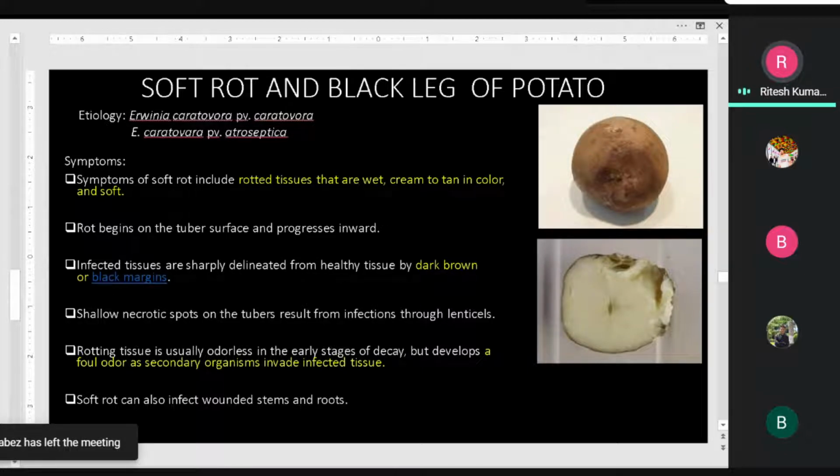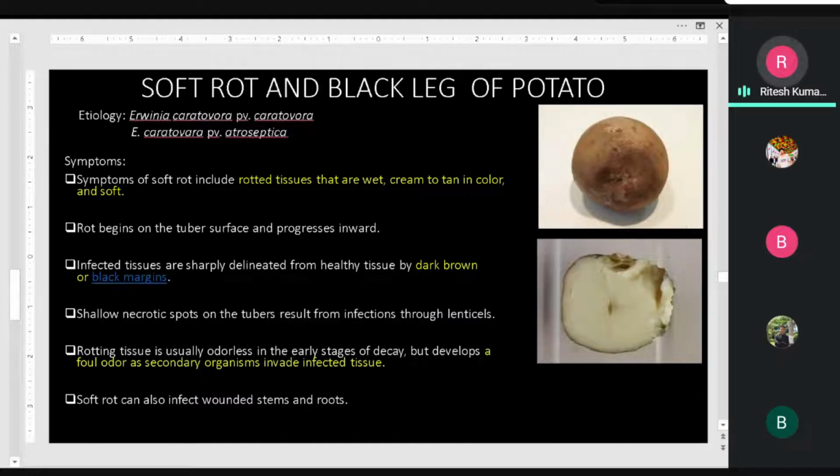That means they are very distinct from the rest of the healthy areas. This is further accompanied by many other secondary pathogens, and it emits foul odor. This is generally seen in storage in our houses.